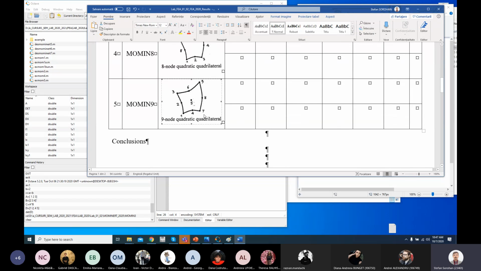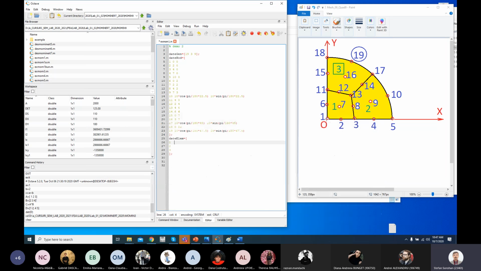I will keep this rule because if I change the rule, the picture and the results will be wrong. So the easier is to start from the left in upper direction and so on. So in this case, I will start from this point. So I will have 1, 6, 11, then 2, 7, 12, and then 3, 8, 13.